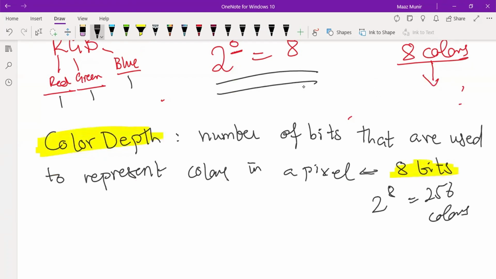And if we had only, let's say, a single bit, 2 raised to power 1, this means that we could have two possible colors, which would be either black or white. This means that we could only have either black in this color pixel box or white in here. That's the main concept.